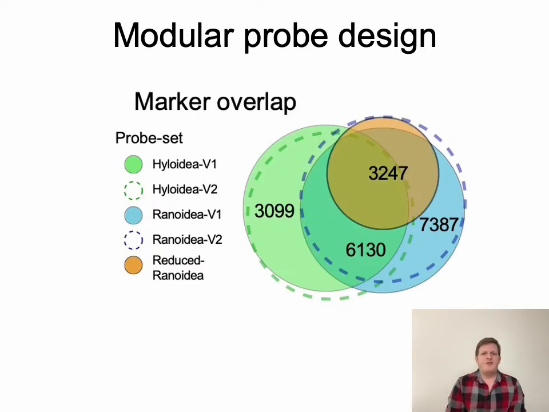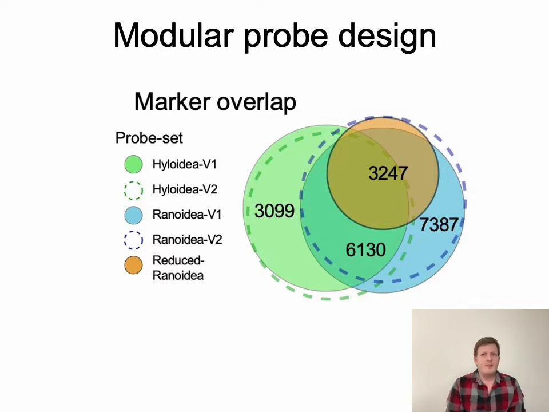To demonstrate how these probe sets overlap and relate to each other, I used a Venn diagram. The dotted lines represent an updated version of the probe sets that won't be discussed much here and is discussed more in the paper, but they exclude markers that did not work in the trial sequencing run and include some new legacy markers.